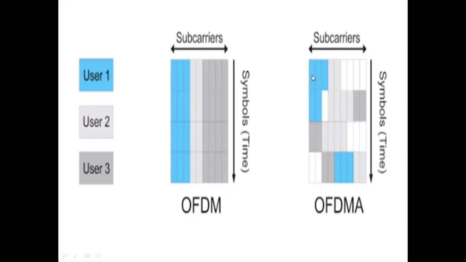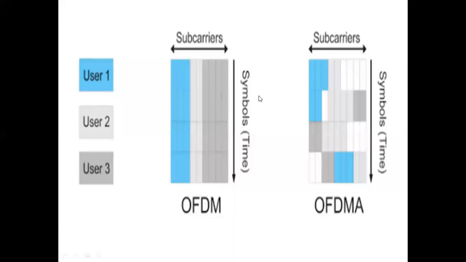So at a time, user 1, user 2, user 3 can transmit their information. Similarly, in this case also, user 1, user 2, user 3 again. So at a time, more number of clients can transmit their information. But in this case, at a time, only a single user can transmit his information. Okay, so that is the difference between OFDM and OFDMA.